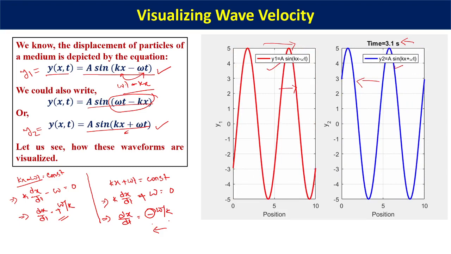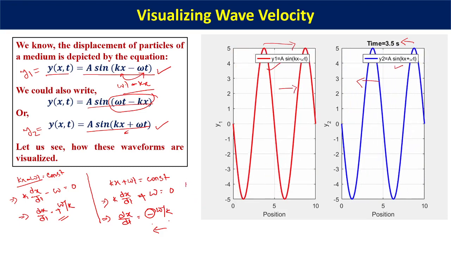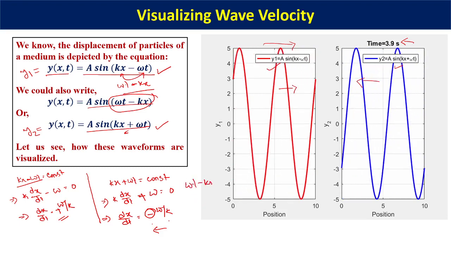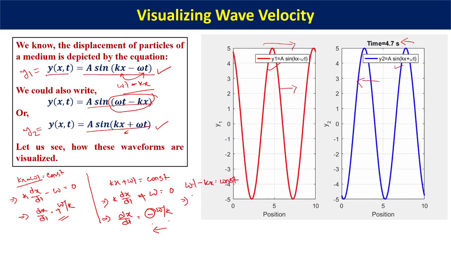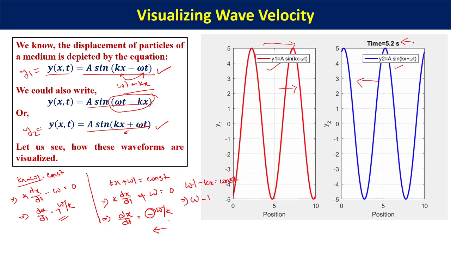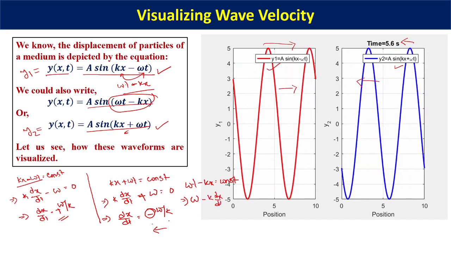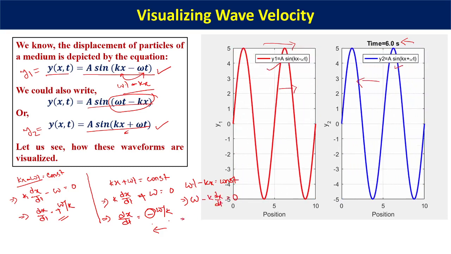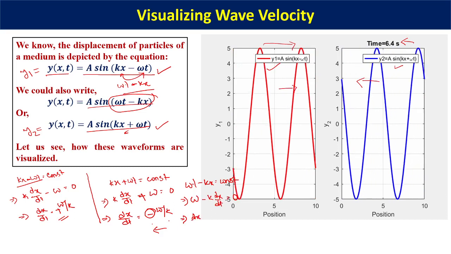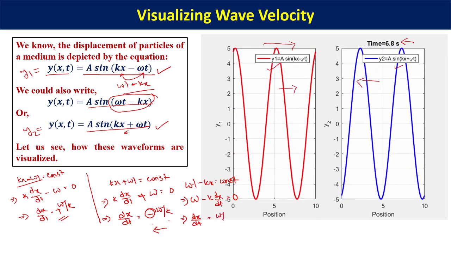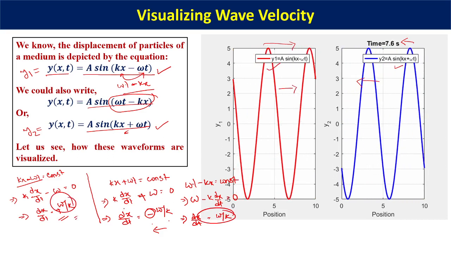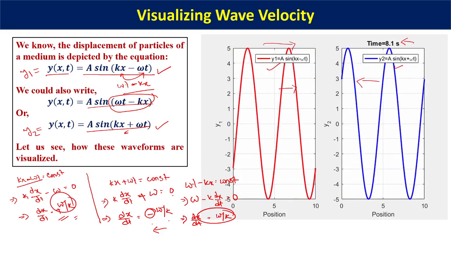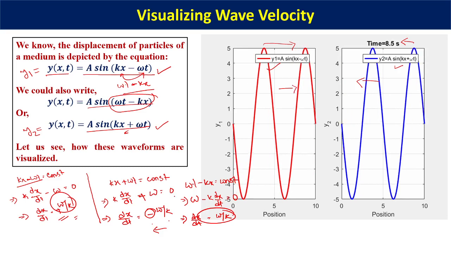Even if you take a derivative, suppose I write omega t minus kx equal to constant. If you take a time derivative, you remain with omega minus k dx/dt equal to 0, or dx/dt even then becomes omega by k, which is the same as this. So it doesn't make any difference. The wave will always propagate in the positive x direction.